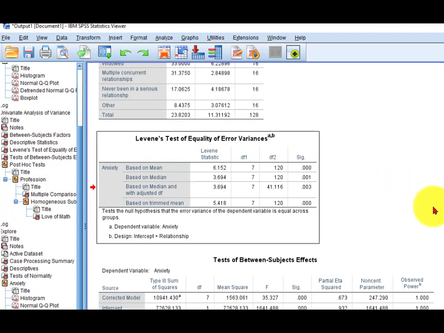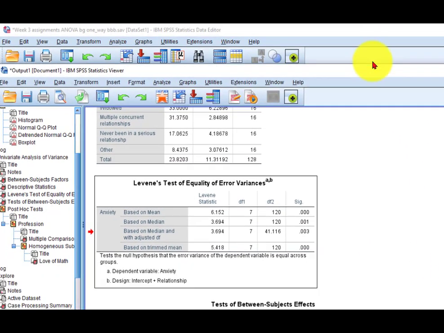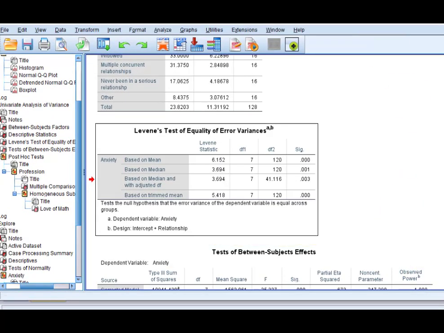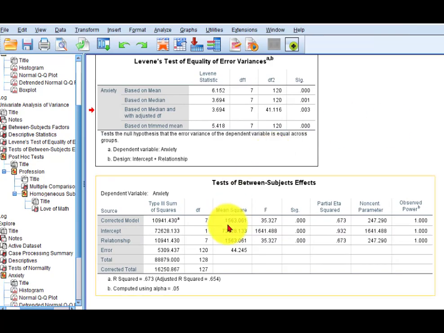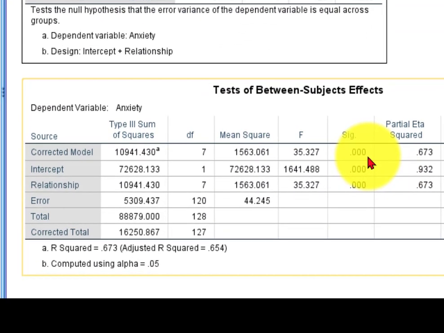Now let's go down here and check to see if we can get our F-test in here somewhere. Hold on, having difficulties. There's the F-test right there. So according to this, there was a significant difference between the anxiety scores between the groups.